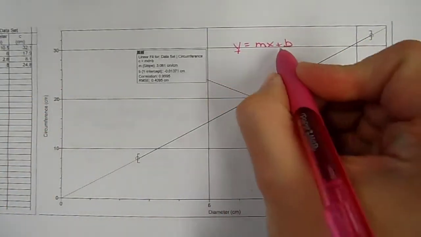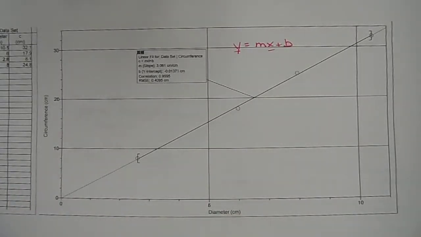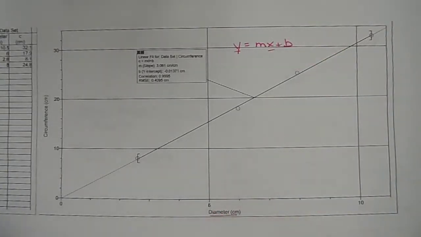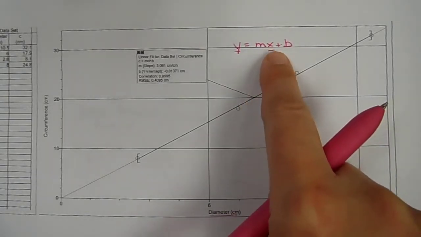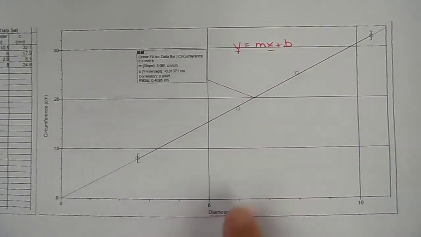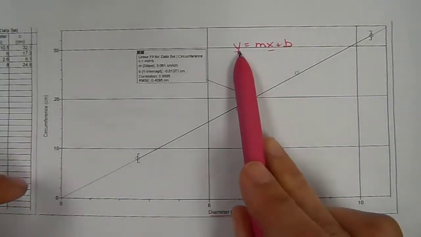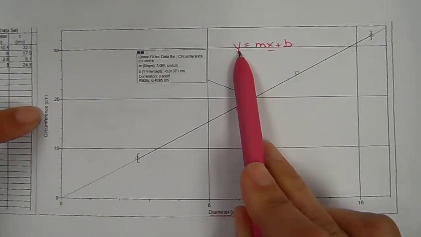Okay, so x and y are variables, and specifically the variables that we measured in our lab. So the x variable in this case is diameter. So when we write our equation, we're going to replace this x with diameter. And we're going to replace this y with circumference.